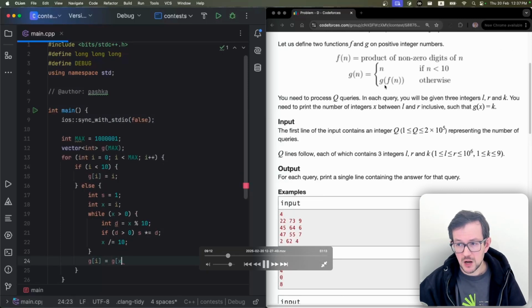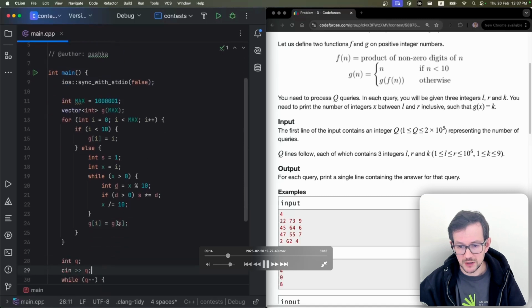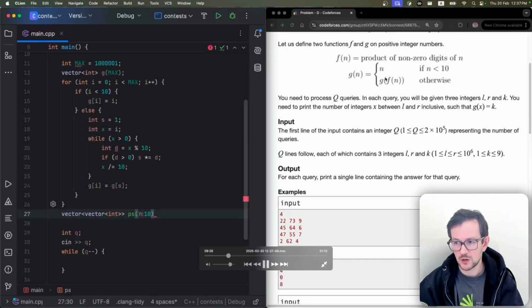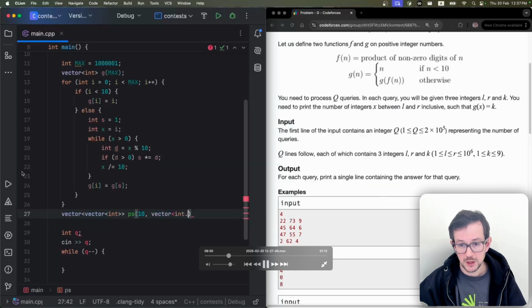Here in this part I calculate function f. I basically split my number into digits, calculate product of all non-zero digits, and copy the value to my g[i]. So my value will be the same. I basically calculate value f and put g[n] equal to g of f. So basically I go from left to right and calculate all values of function g.